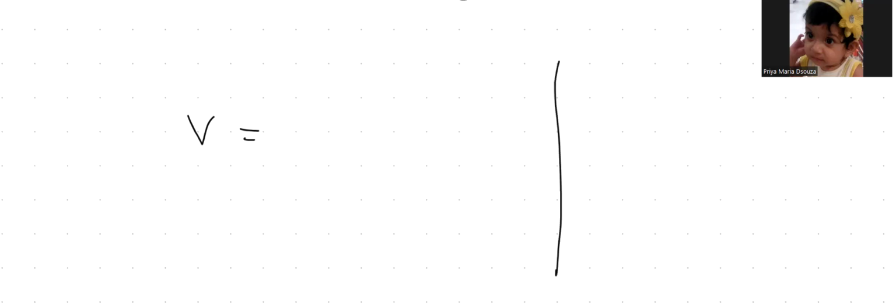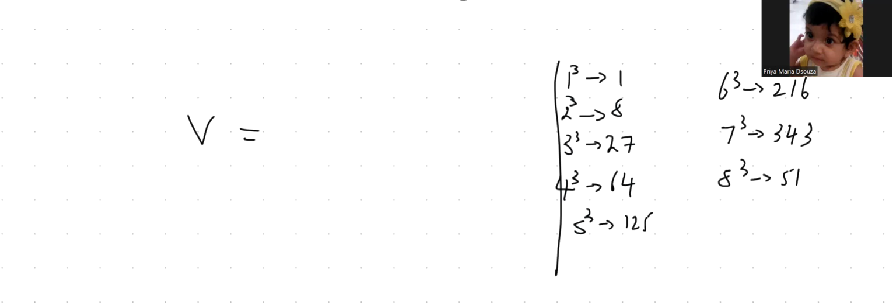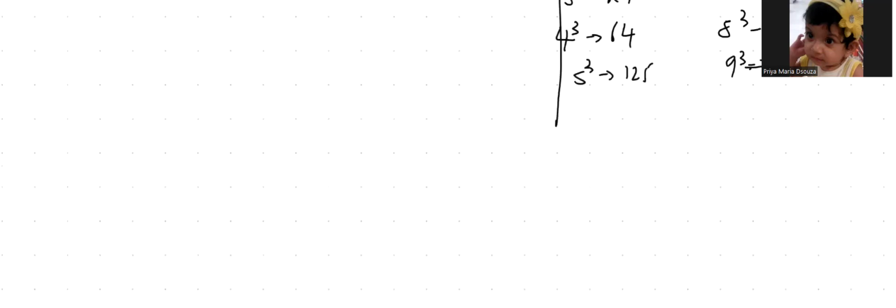1 cube is 1, 2 cube is 8, 3 cube is 27, 4 cube is 64, 5 cube is 125, 6 cube is 216, 7 cube is 343, 8 cube is 512, 9 cube is 729, and 10 cube is 1000.